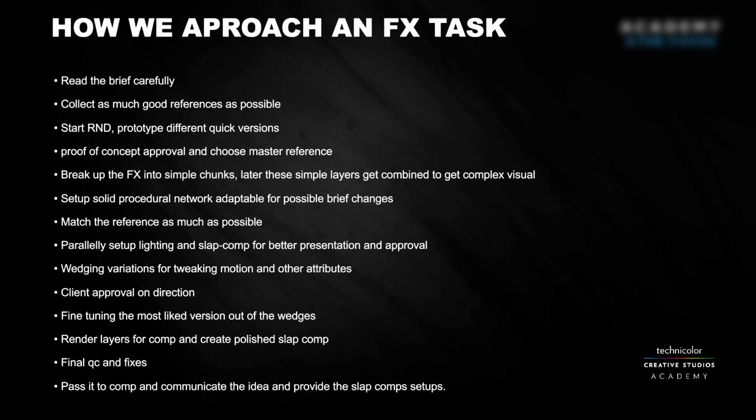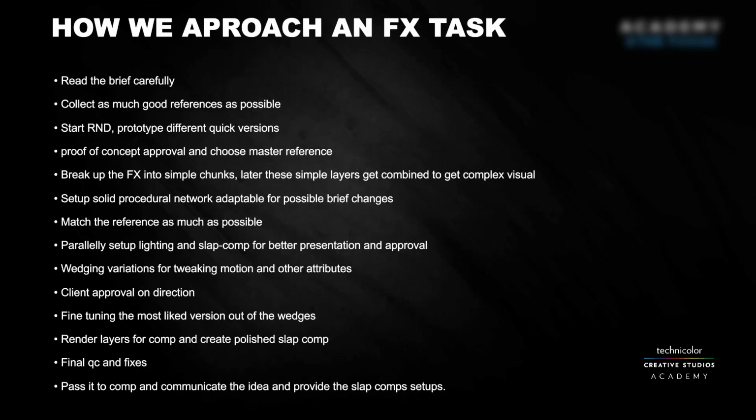Once you understand the brief, we have to collect as many references as possible. We go over the internet and search for references, then start sharing them, make sure they like the references we pick, and get the direction from them. After that, we start the R&D process. We prototype different quick versions.